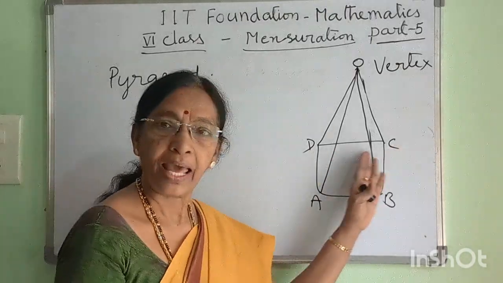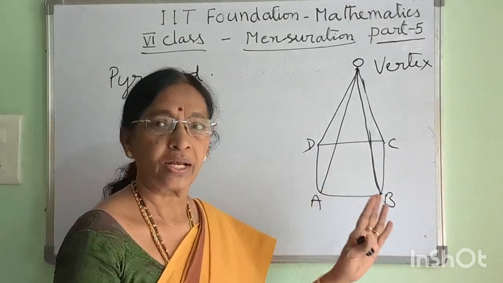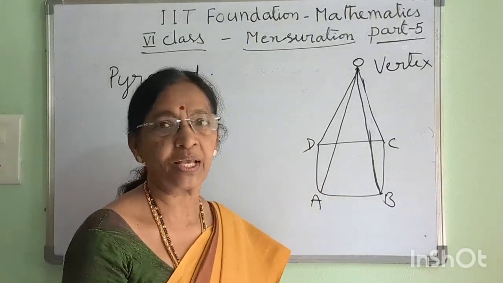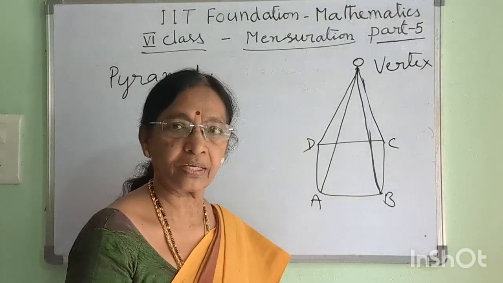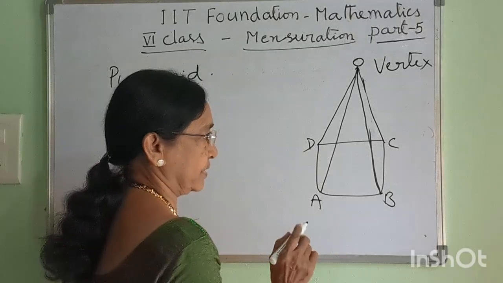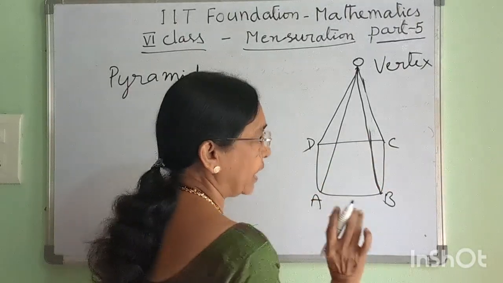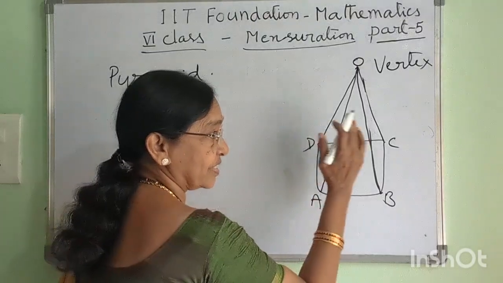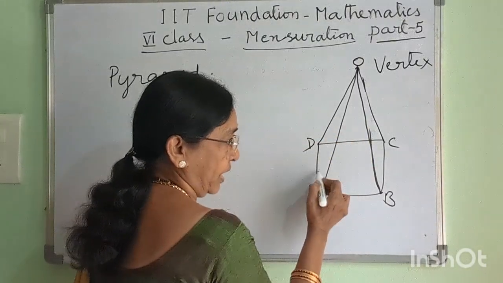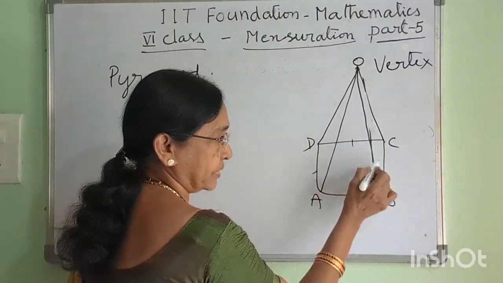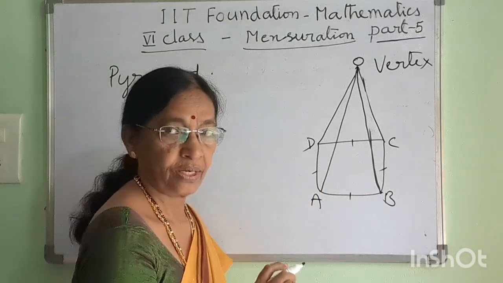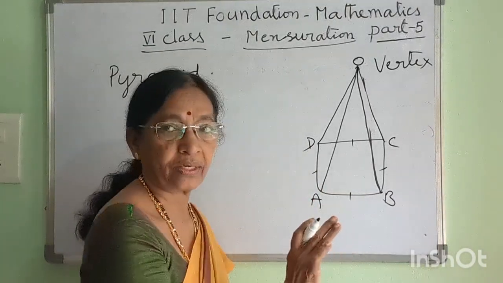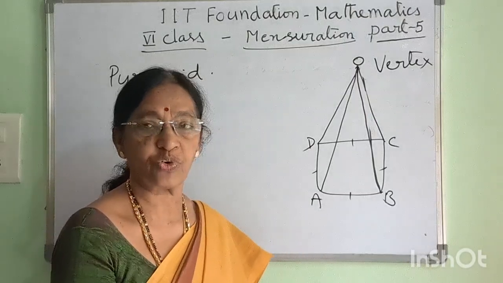The lateral sides of a pyramid are triangles, and the base may be any polygon. Here we take a square as the base. So the lateral surfaces are 4 here, as many as the sides of the base. A square has 4 sides.